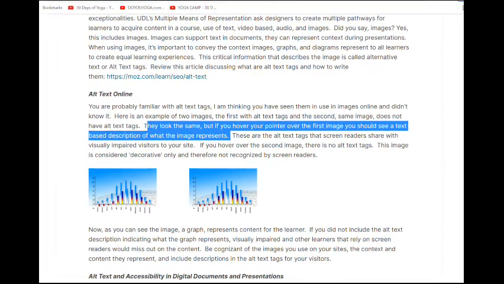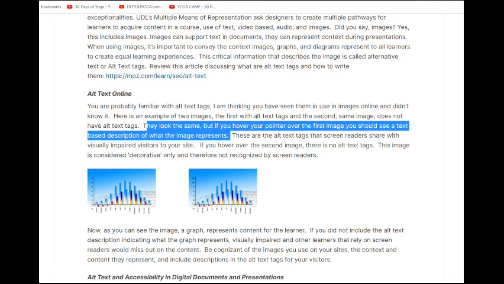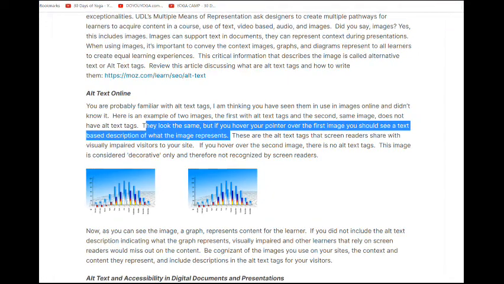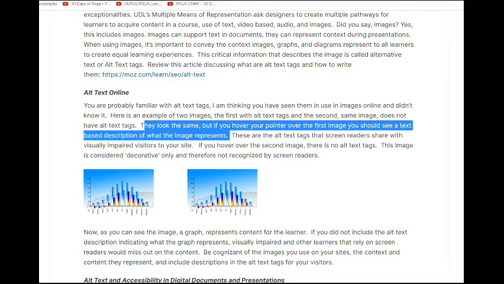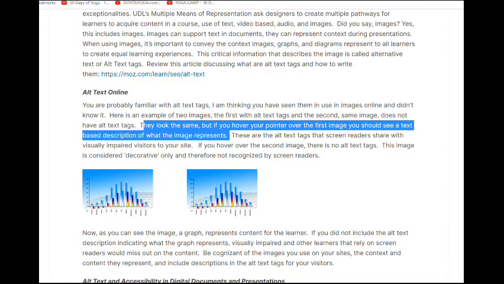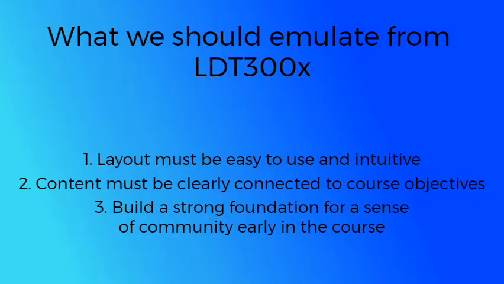The next area for improvement involves accessibility, for which LDT300X scored a 3 out of 4. One error is a lack of alternative text for some images. For example, in Week 3 Digital Images Unit, under the Lecture section, there are two sample images, one with alt text and one without.